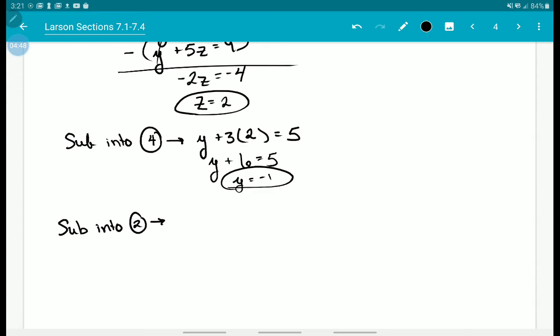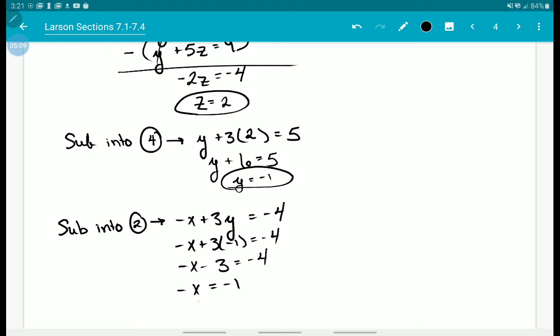Equation 2 is negative x plus 3y is equal to negative 4. I'm going to substitute in a negative 1 for y. So we have negative x minus 3 is equal to negative 4. That means negative x is equal to negative 1, or x is equal to 1.